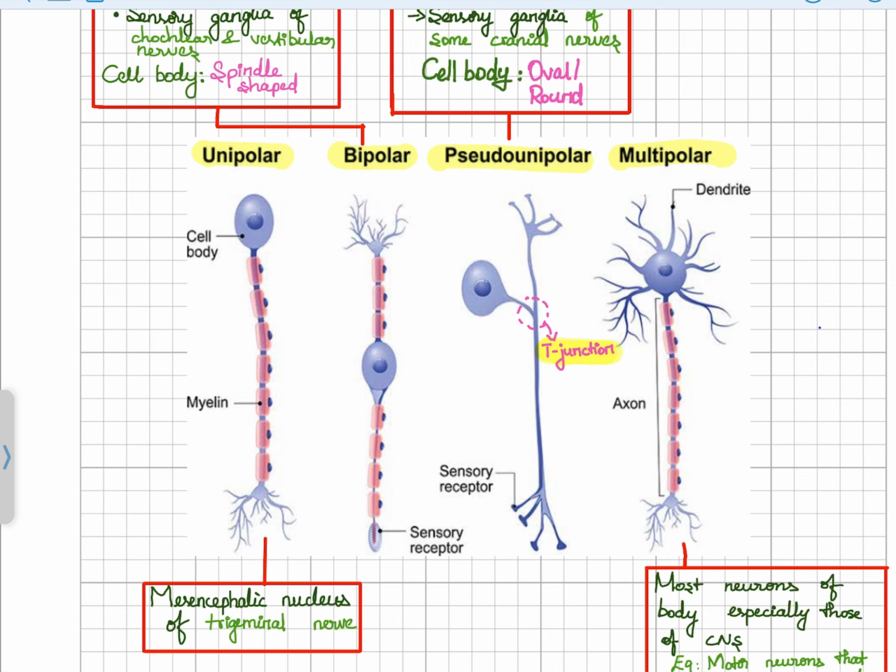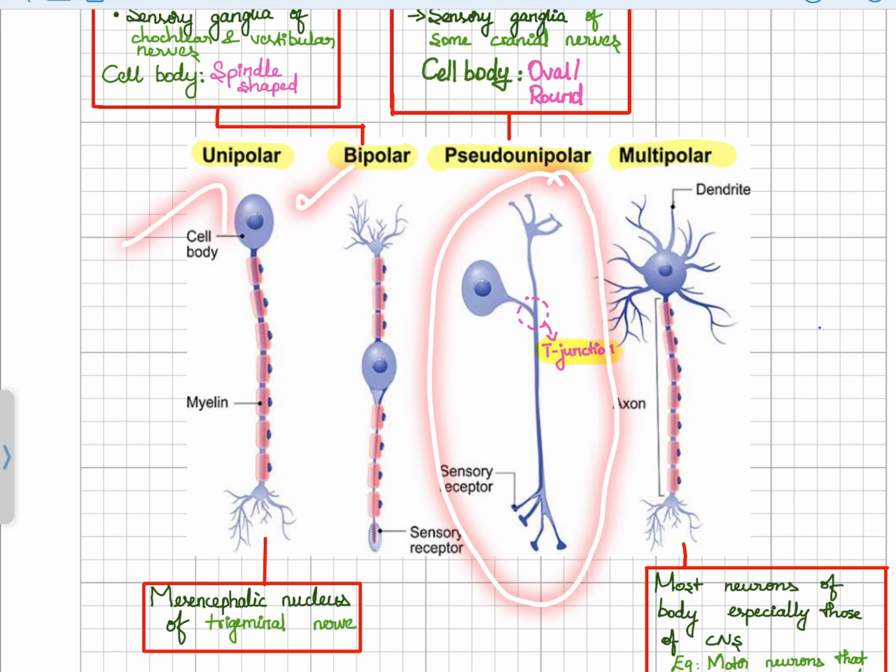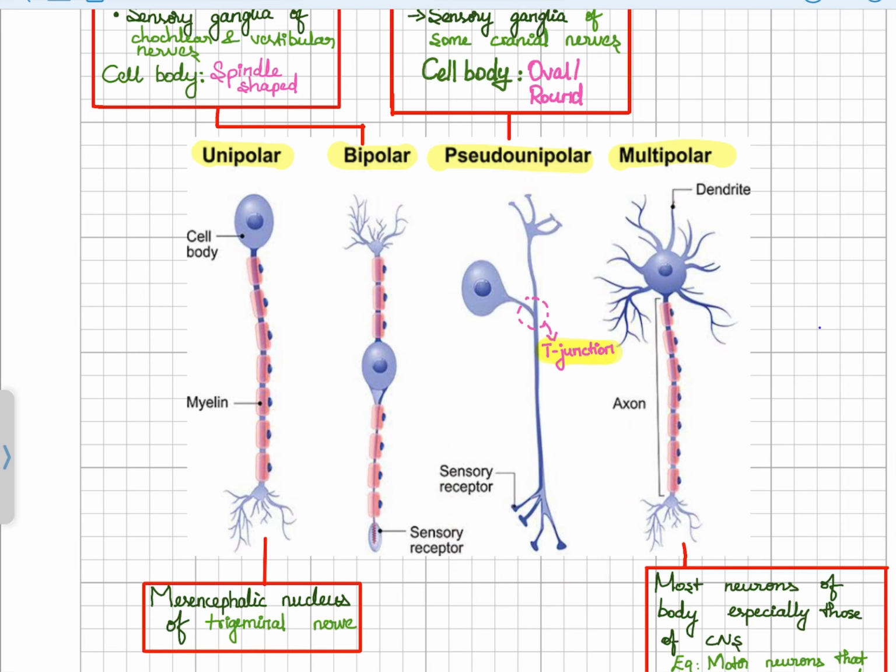They are bipolar. Now, here comes the pseudo-unipolar. When you see this diagram, would you compare it more with unipolar or with bipolar? Do comment it down. I felt it was more like bipolar when I saw it first. The only difference is that in bipolar, you get two processes from two different ends of the cell body.